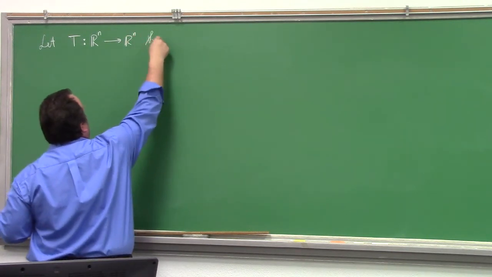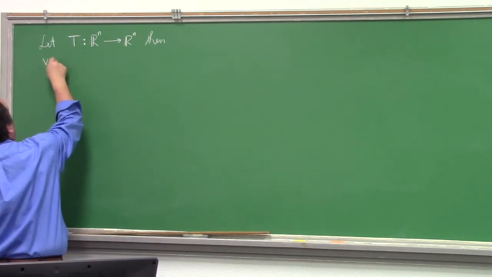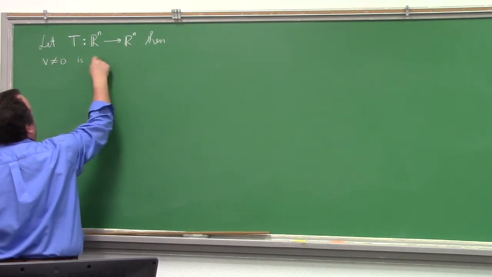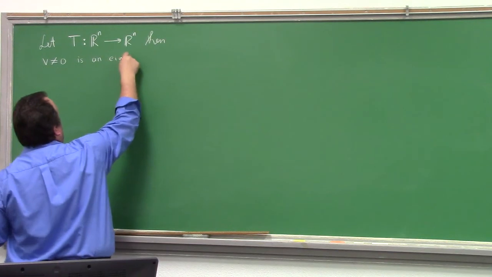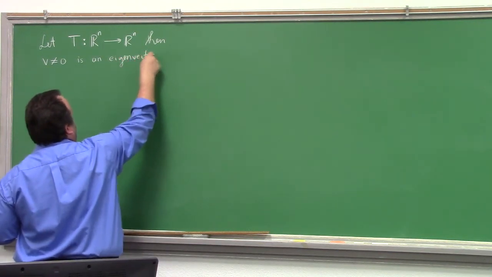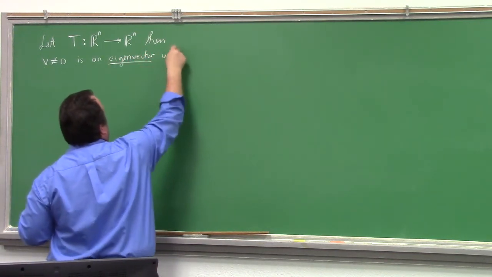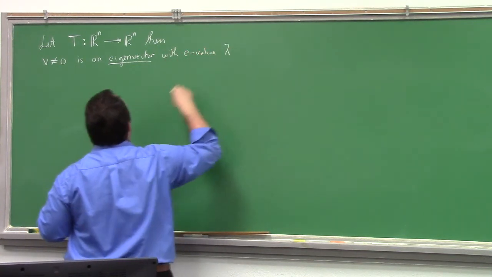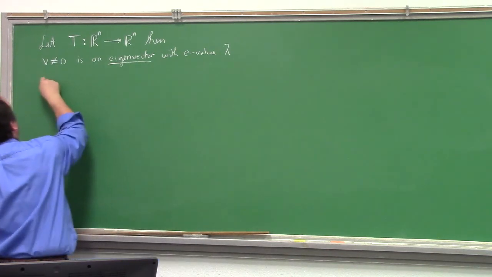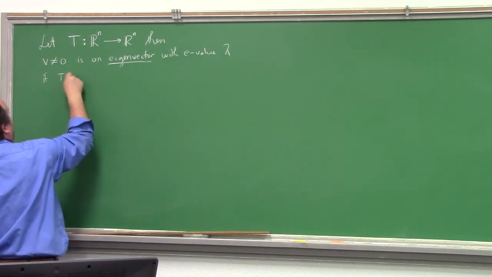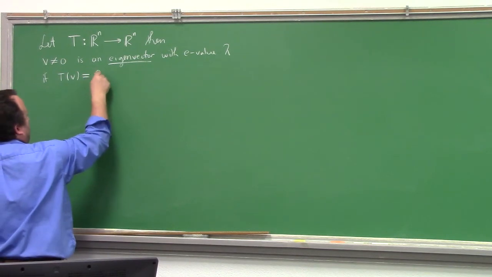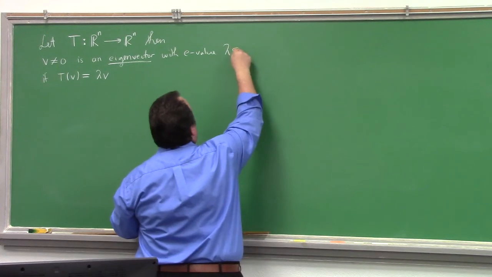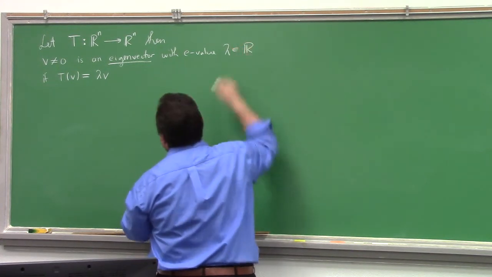Then V not equal to 0 is an eigenvector with eigenvalue lambda if T of V is equal to lambda V. And the eigenvalue is a real number here, okay?